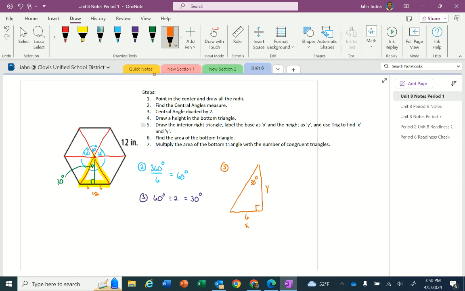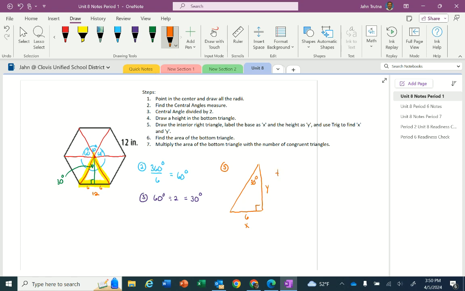All right, and then we're going to use trig. We don't have to find X. We know X is 6 because it was half of 12, but we do have to use trig to find Y. So which trigonometry are we going to use? Sine, cosine, or tangent? Well, theta is 30 degrees. The Y is the adjacent side. The 6 is the opposite side.